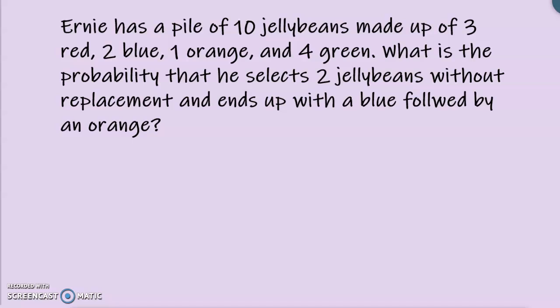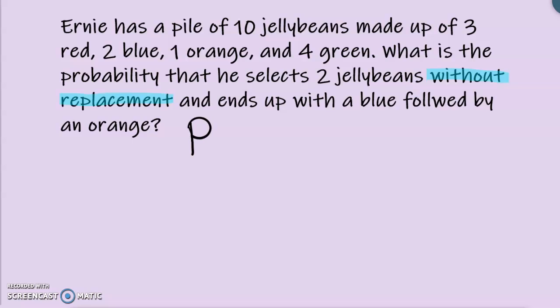Ernie has a pile of 10 jelly beans made up of 3 red, 2 blue, 1 orange, and 4 green. What is the probability that he selects 2 jelly beans without replacement? Again, this is how I know I have dependent events. And he ends up with a blue followed by an orange.